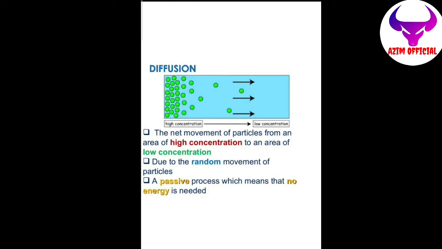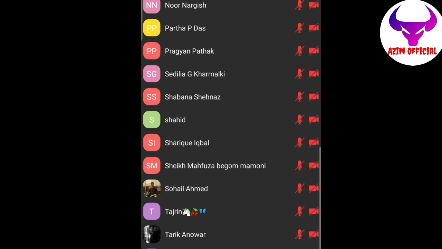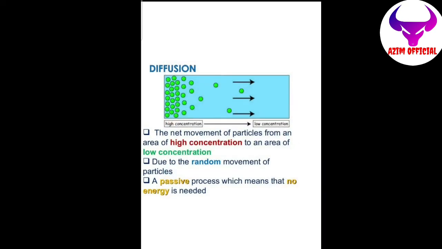So the net movement of the particles from an area of higher concentration to an area of lower concentration, this is the diffusion. It occurs due to the random movement of the particles. A passive process, which means that no energy is needed. That means if you use energy, that is facilitated, but you are not using any energy.